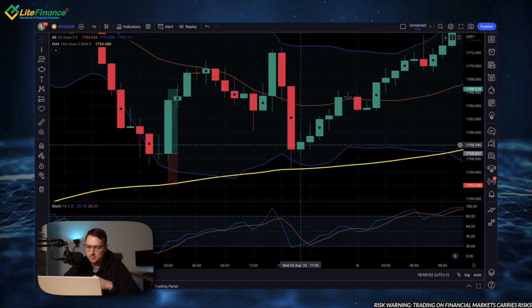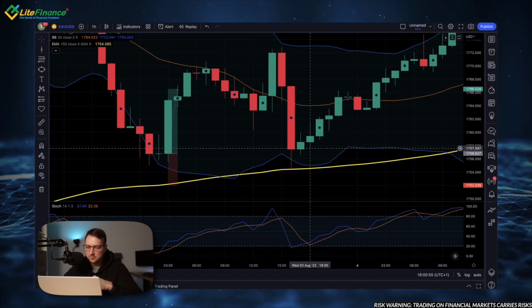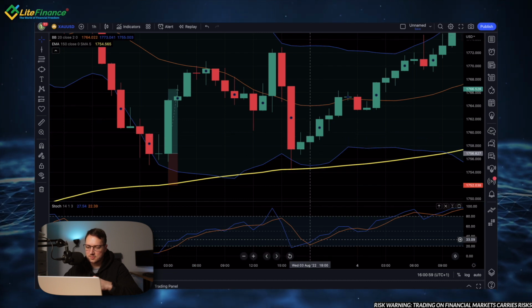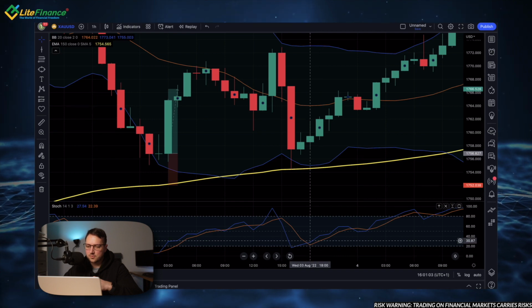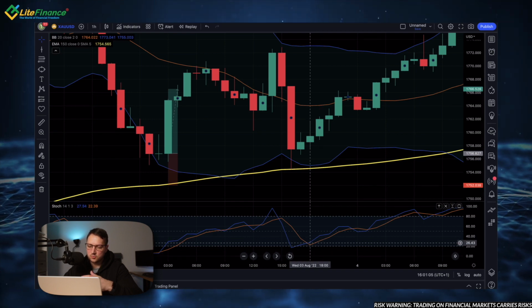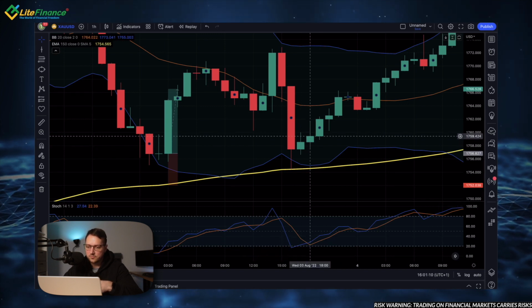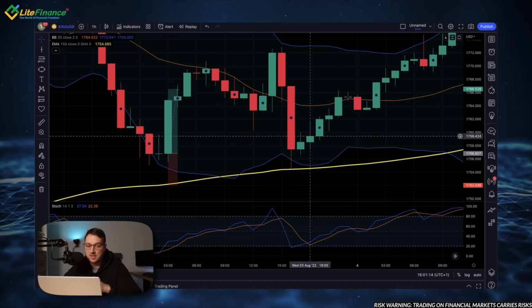So not at this candle, but at the closing of this candle over here. You can see down below, right here, the lines crossed each other. It was even inside the neutral zone. So the opening of the next candle is our entry level.